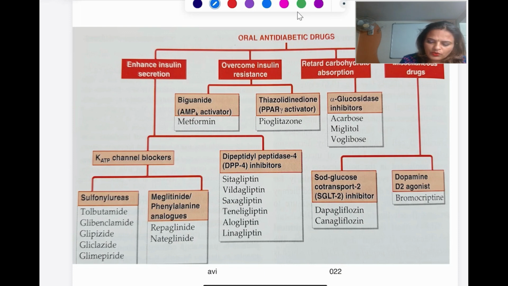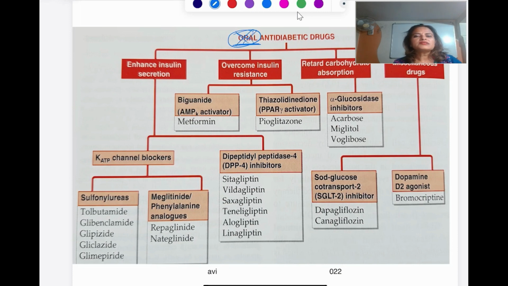Here the word is oral anti-diabetic, because this classification is not covering exenatide, the GLP analog, because that we give by the subcutaneous route. Then another one is pramlintide, that is also not covered here, because that also we give by subcutaneous route. That's why it is written oral.